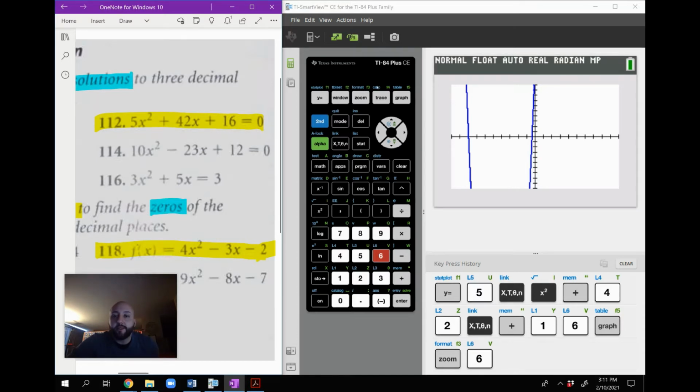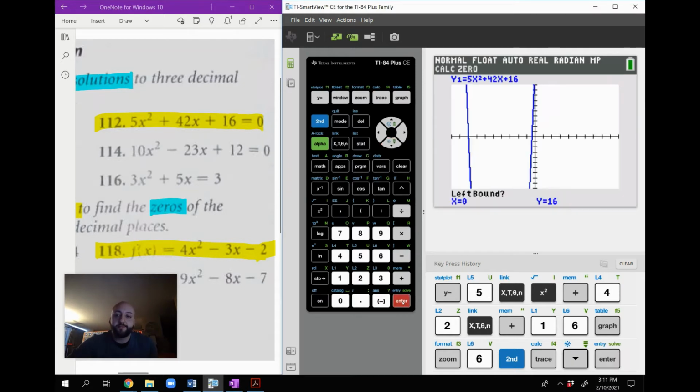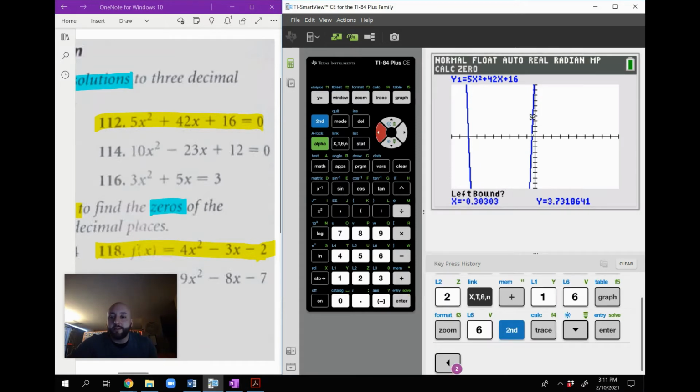If you look above the trace button, it says calculate. I'm going to press second trace to access the calculate function, and I'm going to pick zero. Now it's asking for a left bound. If we're looking at this zero, I need to put this cursor somewhere to the left of the zero. That's somewhere there is fine. Press enter.